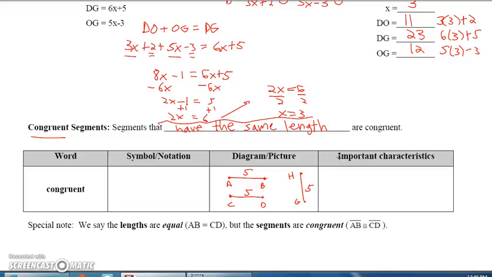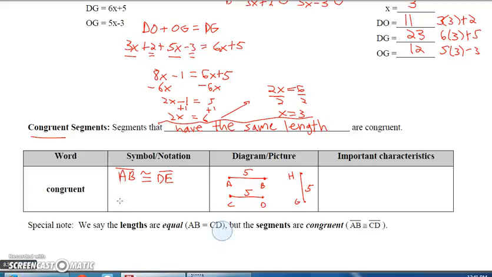Here's how we write it, okay? We say AB, segment AB, is congruent to segment DE. So it's an equal sign with a tilde on top of it. This says line segment AB is congruent to line segment DE. So that means that they have the same length. Do you remember how we write the length of line segment AB?